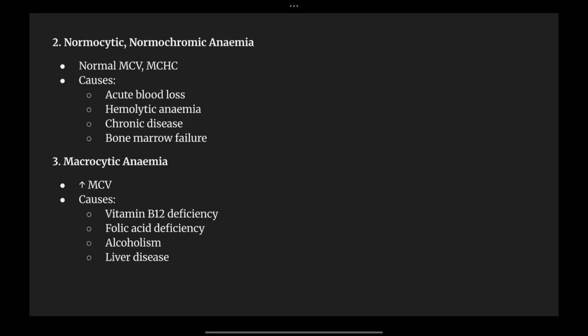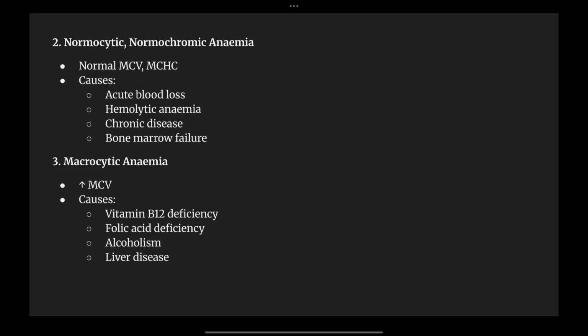If the person is in an accident, there is a loss of blood, and that can also cause normocytic or normochromic anemia. Hemolytic anemia is because of the RBC breakdown. Chronic diseases such as cirrhosis or other cancer diseases can also cause normochromic anemia. There may be bone marrow failure. During the transplantation of bone marrow, it can cause anemia as well.